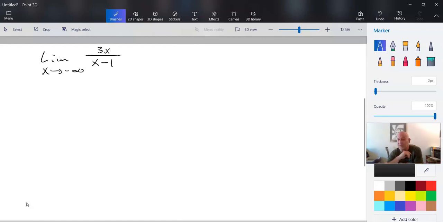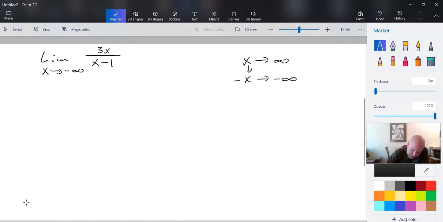Okay, well, if it's going to negative infinity, if we think about this, if x goes to positive infinity, that means that if I have a negative x, that goes to negative infinity. So what I can do is swap out a negative x for x and change this infinity to positive. And so that's what I'm going to do.